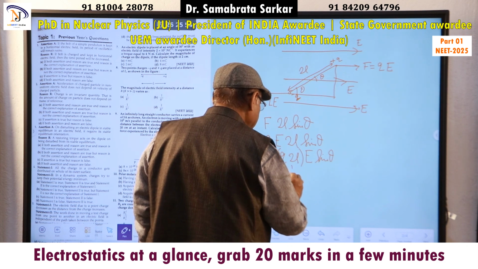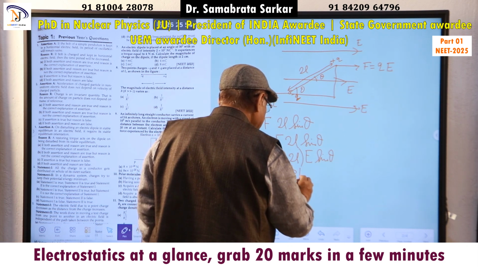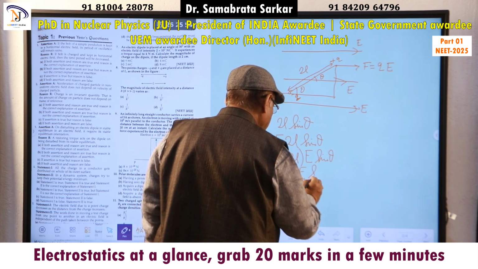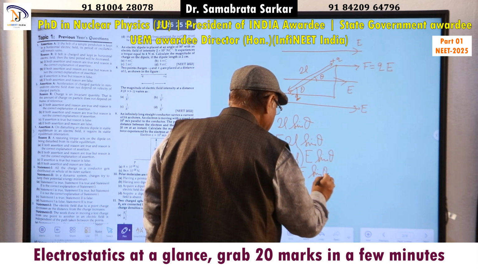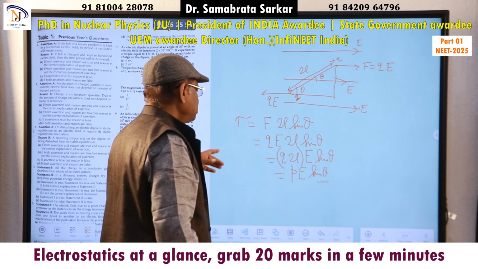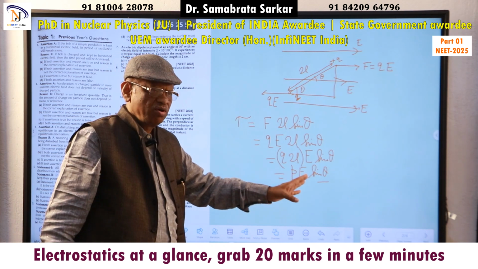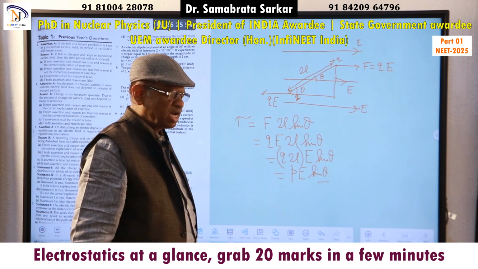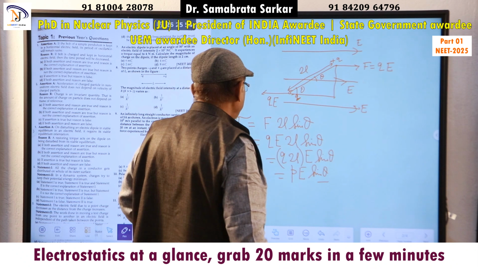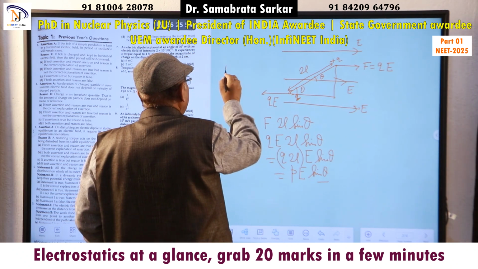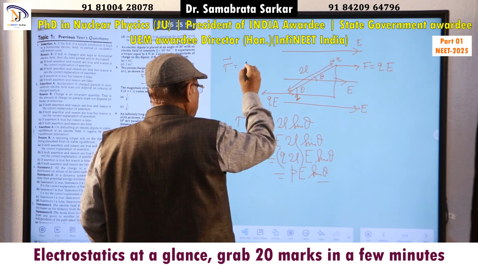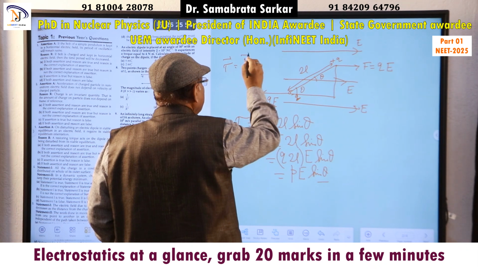Q into 2L means P, so PE sine of theta. Am I clear? So this is torque. You can write tau equals P cross E.